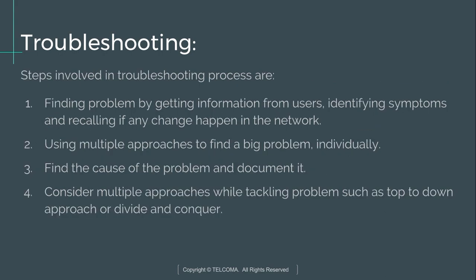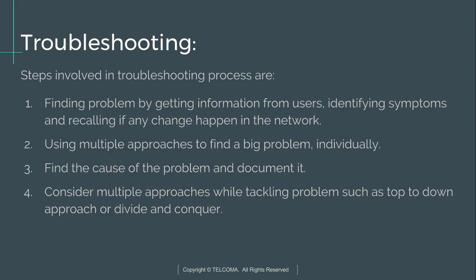Here we will discuss the steps involved in troubleshooting a problem. The first step is to find the problem, by getting information from the users, identifying symptoms, and recalling if any change happened in the network. Finding the problem is a big task.